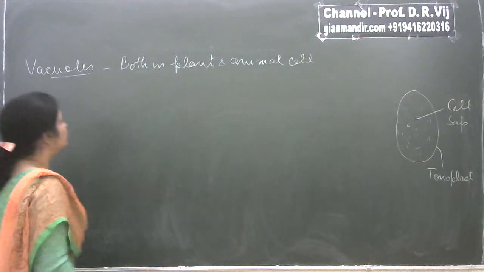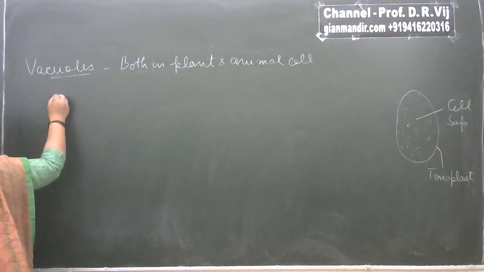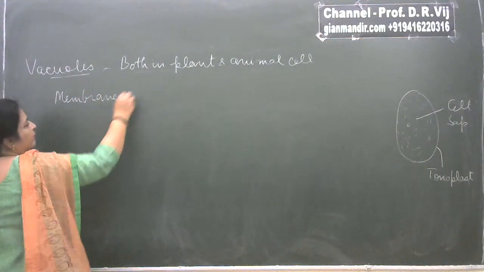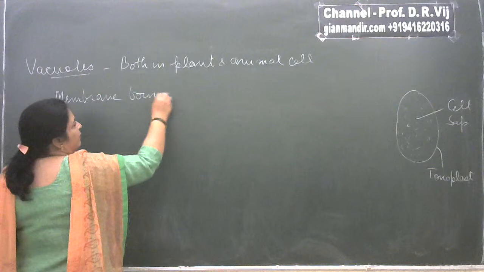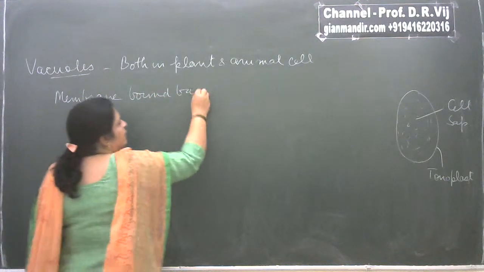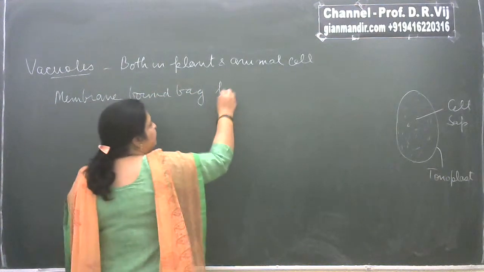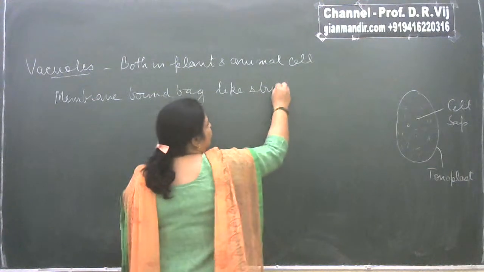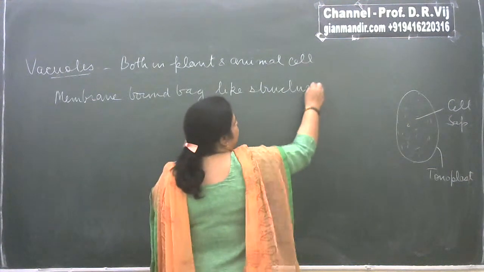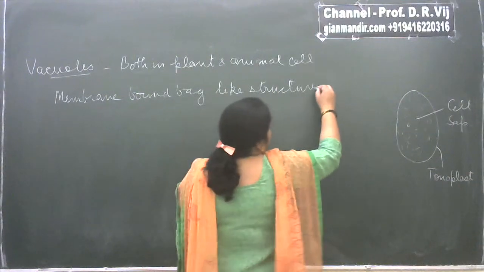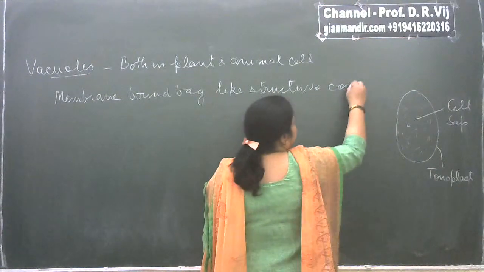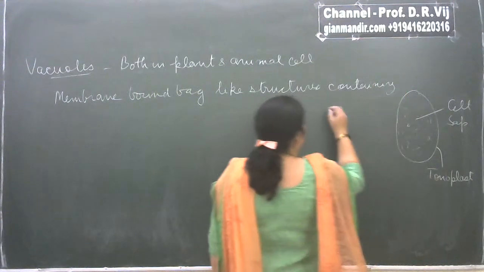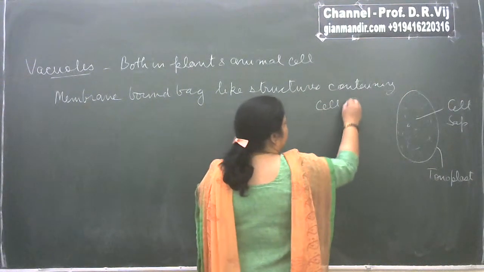Right? So, vacuoles are what? Vacuoles are, you can say, membrane bound bag-like structures containing cell sap.